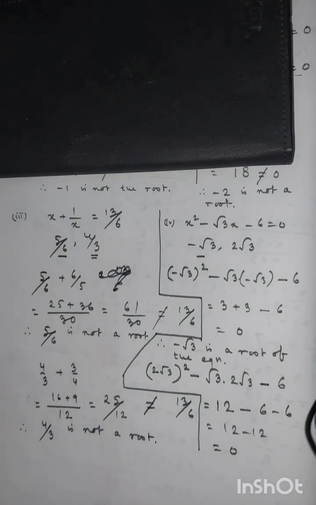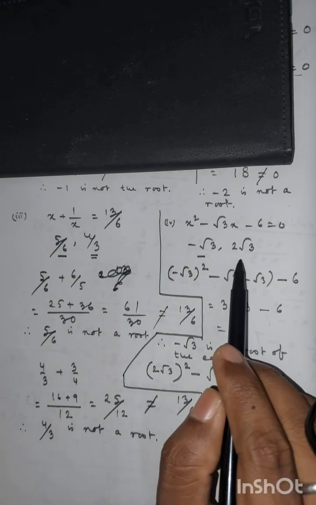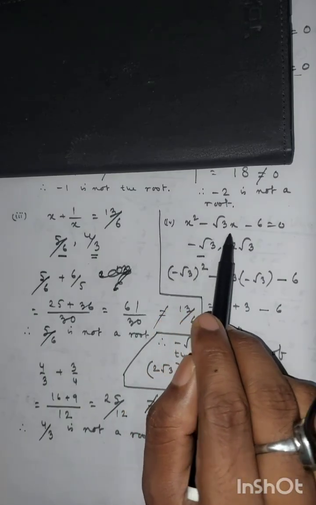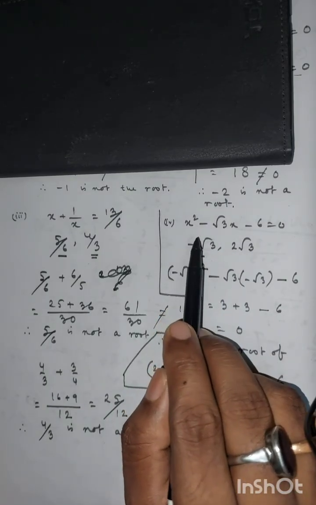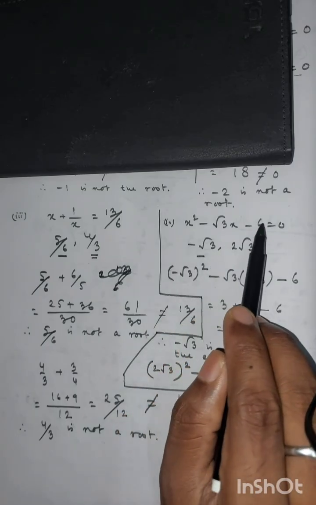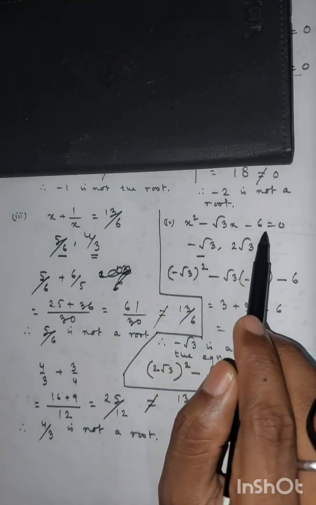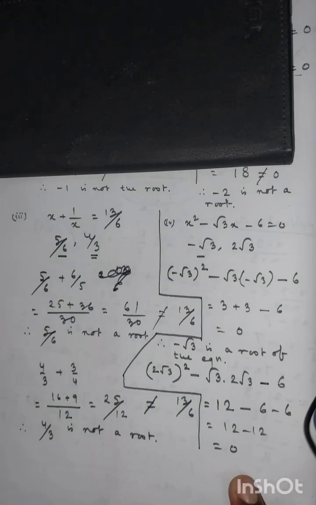So when we put 2 root 3 in place of x in the left hand side, we are getting 0, which is equal to the right hand side. Therefore, we can say 2 root 3 is satisfying the given equation.